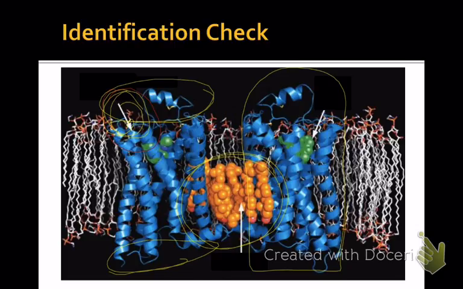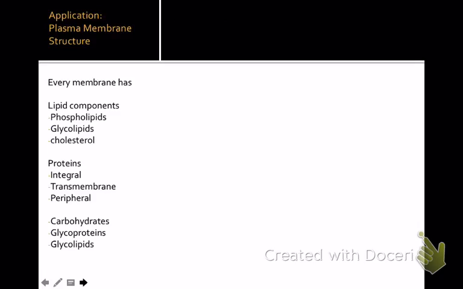No, it doesn't stick out both sides. Is it integral? Is it embedded at least part of the way in that phospholipid bilayer? Yeah. So it's integral but not transmembrane. Is everybody okay with that? I'm also pointing to these little green things, which I didn't really talk about. Those are cofactors. A cofactor is a non-protein substance that is involved in a protein being functional. Chances are we're not going to have time to get to that.